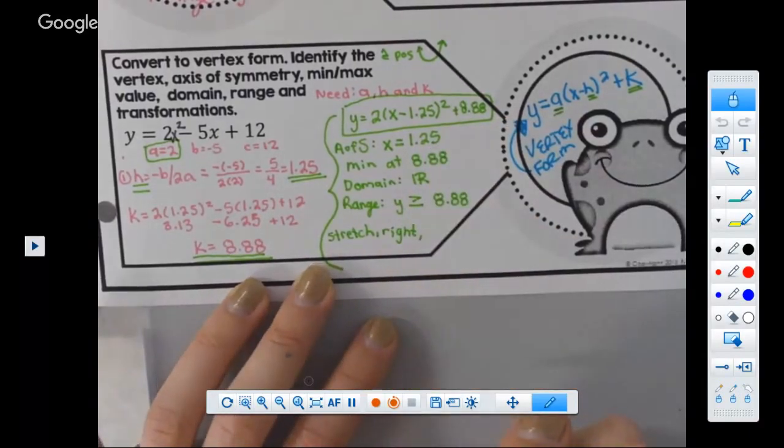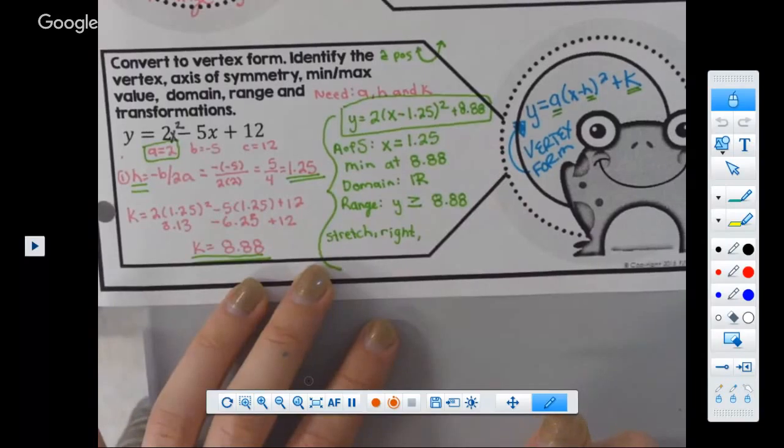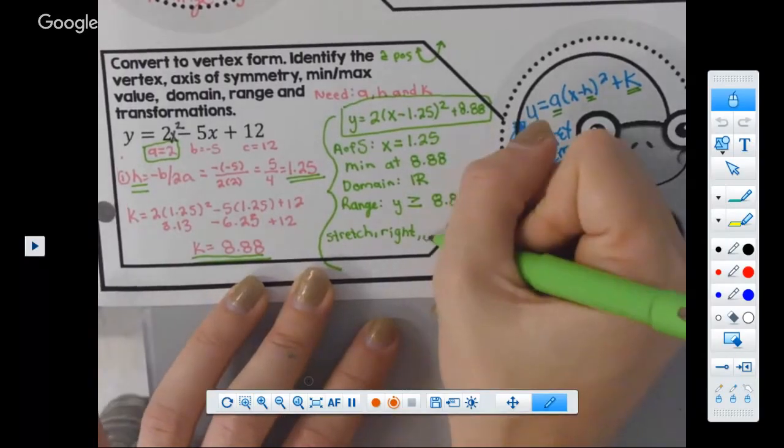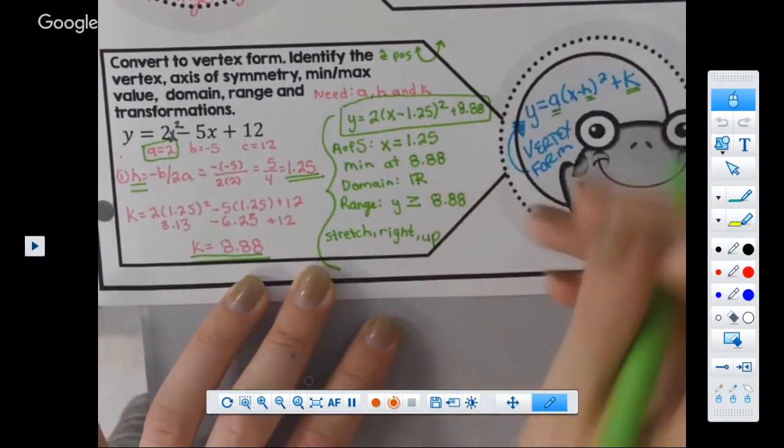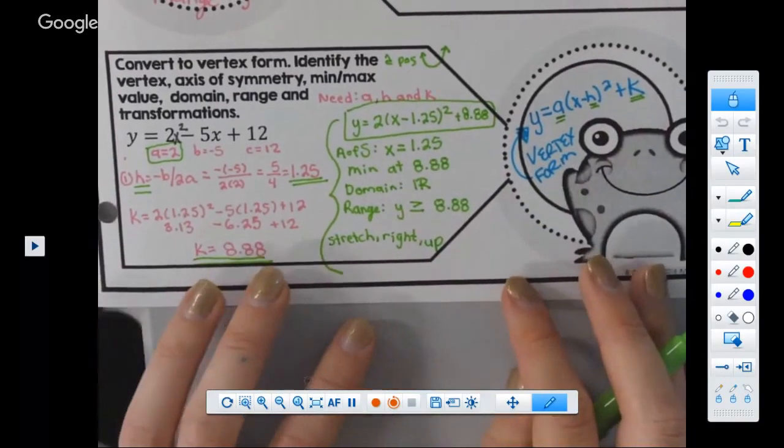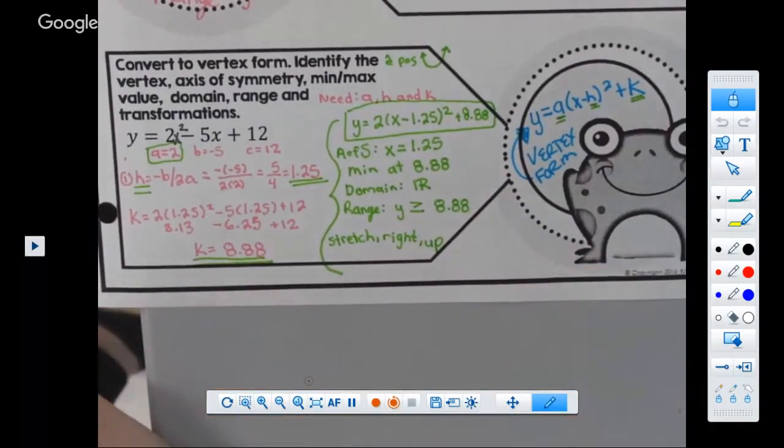Different pieces, but we're going to practice. Just relax. And the plus on the outside is going to move this up. That's a lot of work. If you can handle this and kind of follow, you can do anything. Because I'm not going to give you like 20 questions on the test where you have to find every single one of these pieces every single time, right? But if you can do this, you can do anything I could possibly throw at you.